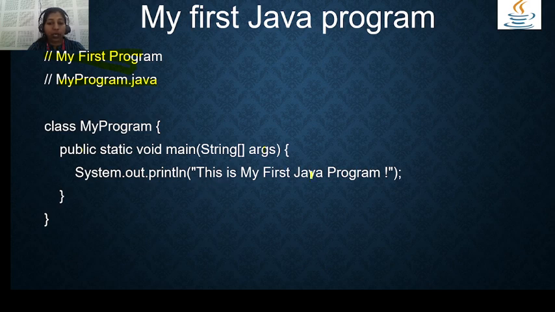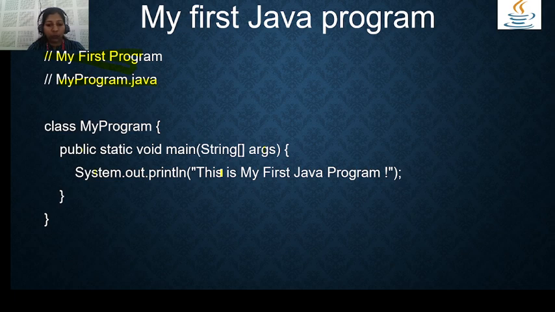So how are we going to print it? By using system.out.println. System is the class, out is the output stream, and println is just printing. Println prints and moves to the next line. Okay, system.out.println.